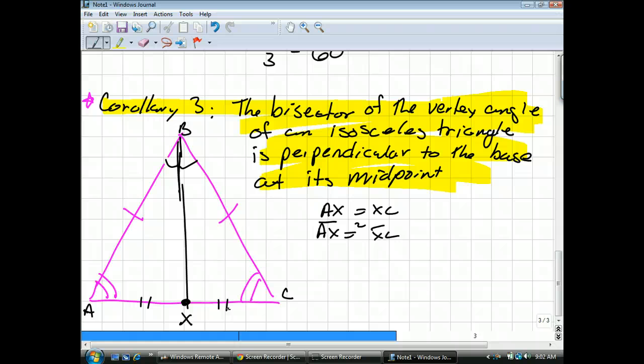And we know that it's perpendicular. So we know that angle AXB is a right angle. And so therefore angle CXB is a right angle.